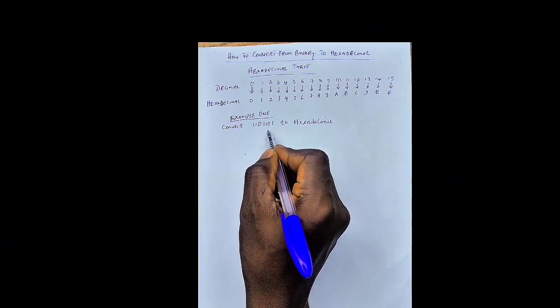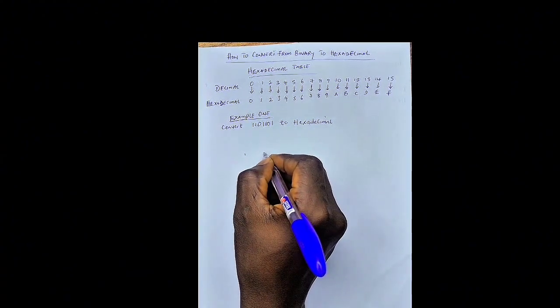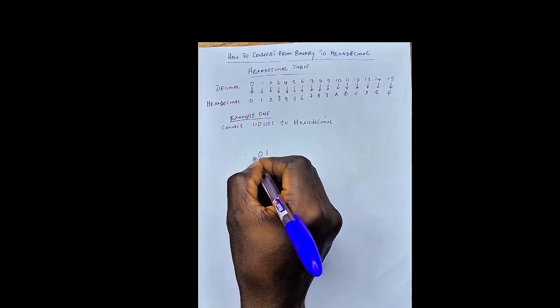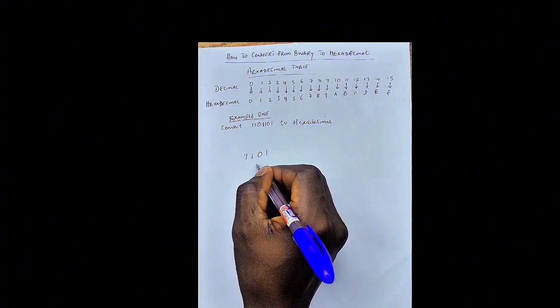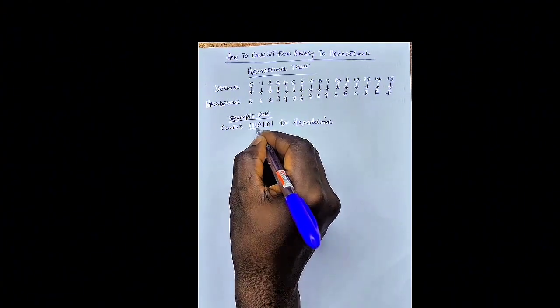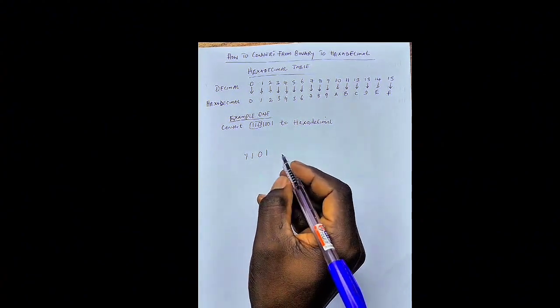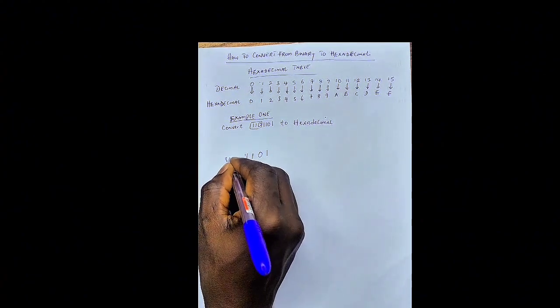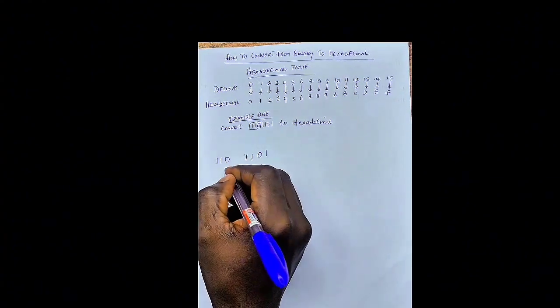We start from the right, and the first group is 1011. Now the second group doesn't complete 4. It only has 0, 1, 1, so it's just 3 digits.